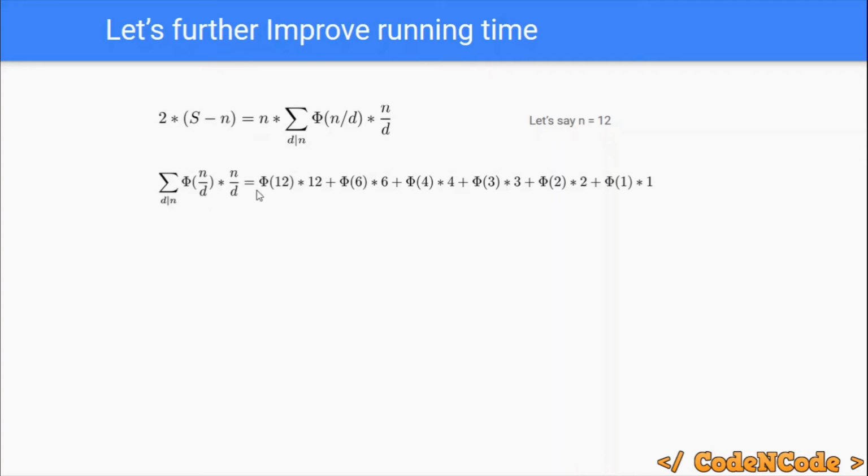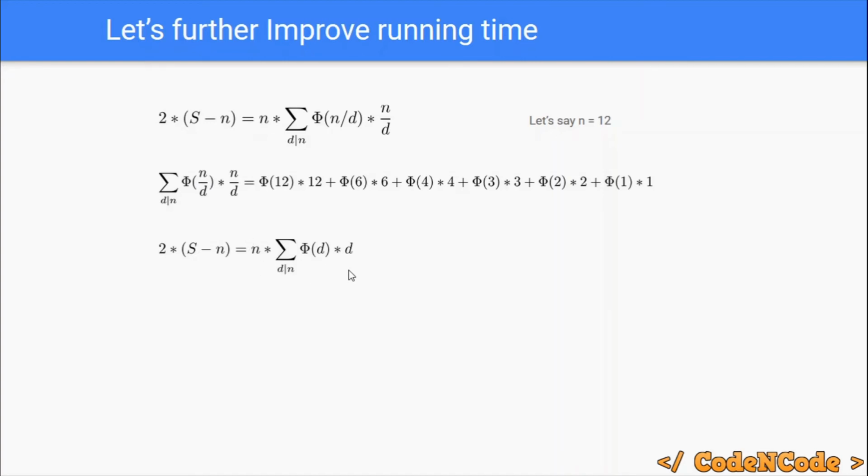So instead of evaluating on n by d, we can actually evaluate them on d, because of course that would be the same thing, since n by d is also a divisor of n. So instead of running a loop and evaluating phi on n by d, we are going to evaluate this on d.